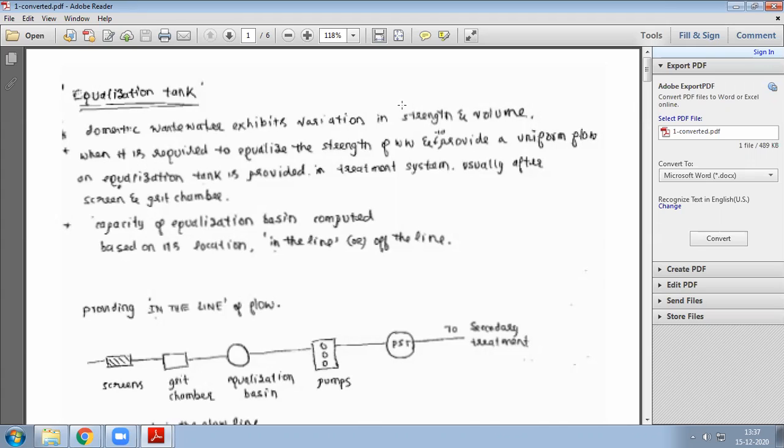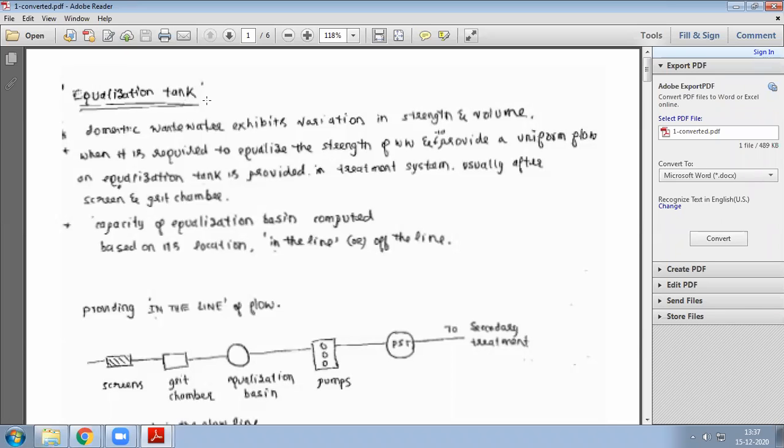So equalization tank, I think the term itself helps you understand what equalization is. It's a chemistry term. What happens there? See, if acid and base, two things are there, and you just keep them for some time, some equalization will take place, right?